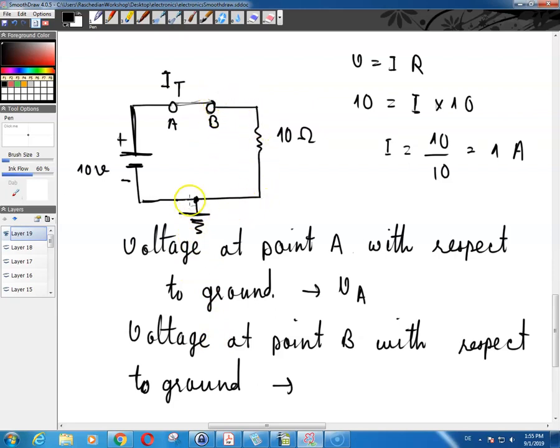So this point is effectively electrically common with ground, although there is a 10 ohm resistor over here. Of course there would be no voltage between these 2 points because they are electrically common. But anyway, the voltage at point B would be denoted by V of B.